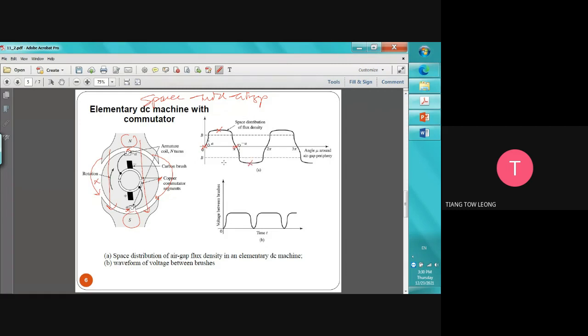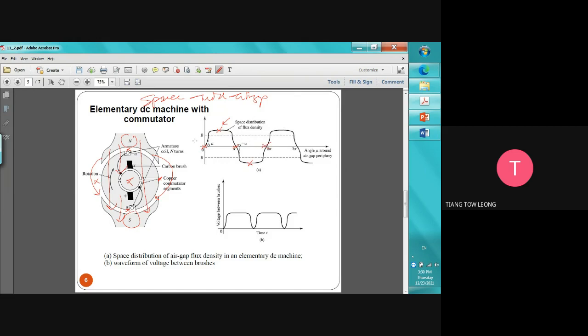Why is it negative? Because in the south direction, the field is going out from the center. For example, the North Pole is going in, so it will be positive like this. Then when the field is going out from the center, it becomes negative. And then going back to 0 again, and then repeat.